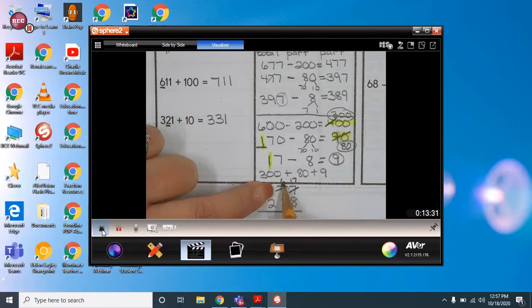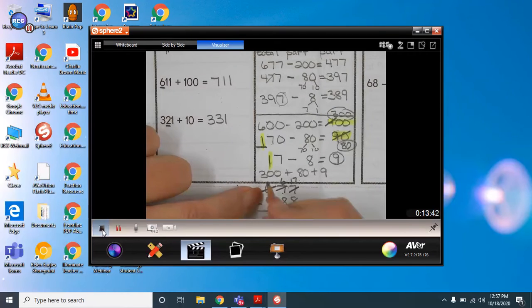I don't have enough tens. I have 6 tens, and I cannot subtract 8 tens, or 80. So I'm going to borrow or regroup 100, which is what I did before, except now I'm doing it from here to here.